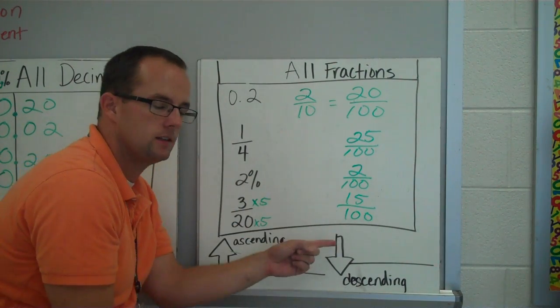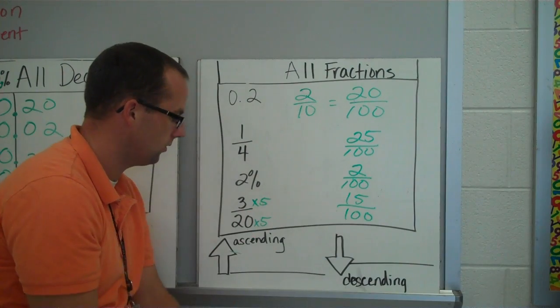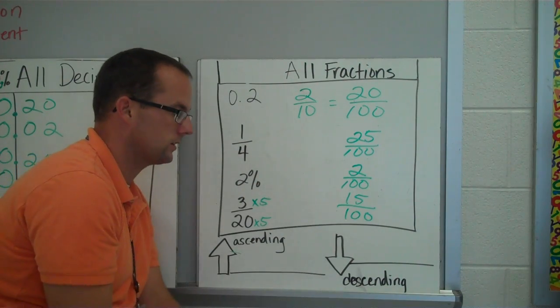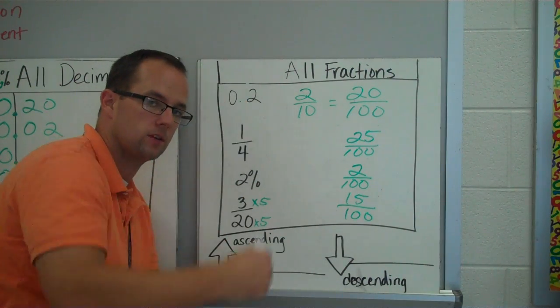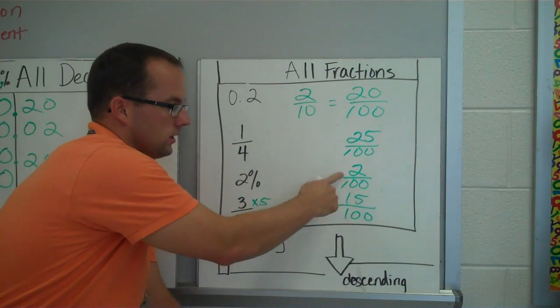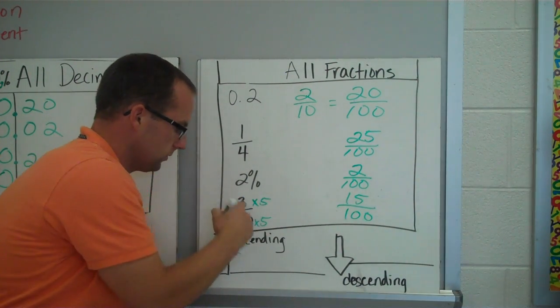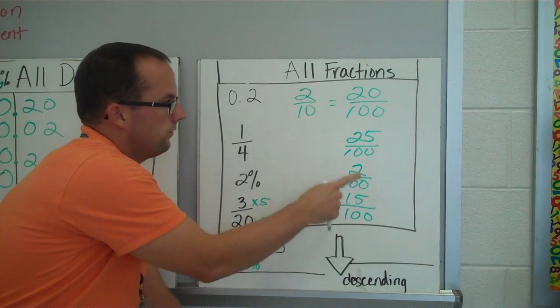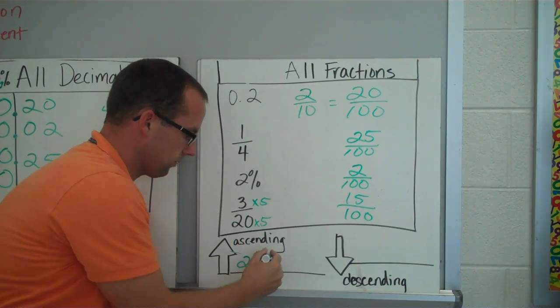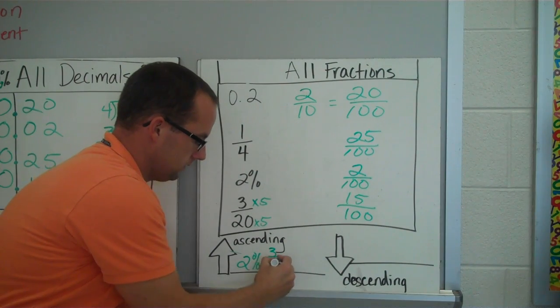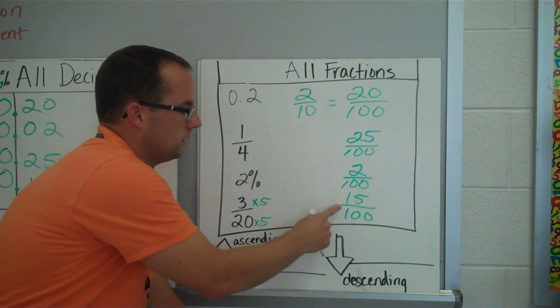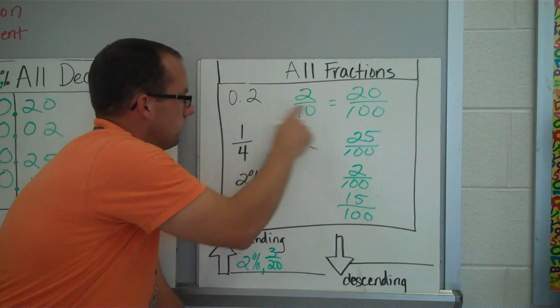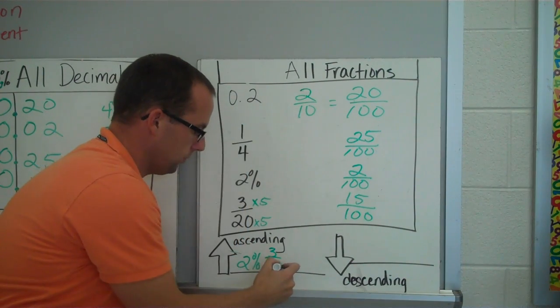Now I can go ahead and place these in ascending or descending order. Let's start with ascending. That means going up from the smallest to the largest. So we're going to start with 2 hundredths, which was actually 2%. Then we're going to go to 15 hundredths, which was actually 3 twentieths. Then we're going to go up to the 20 out of 100, which we started out as 0.2.